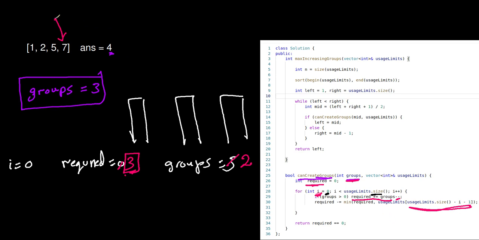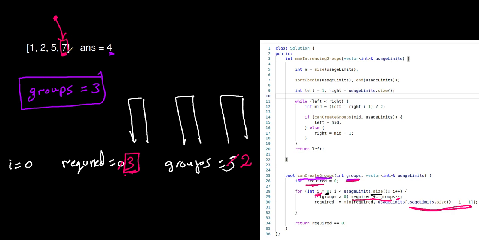This is why we will iterate over the numbers from the last to the first, or from right to left. So this number has the maximum, and this is why we sorted the array.